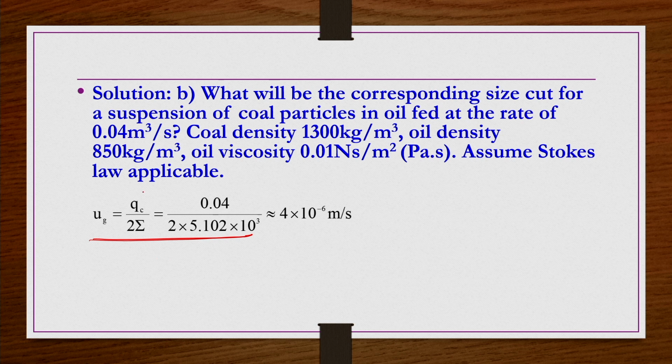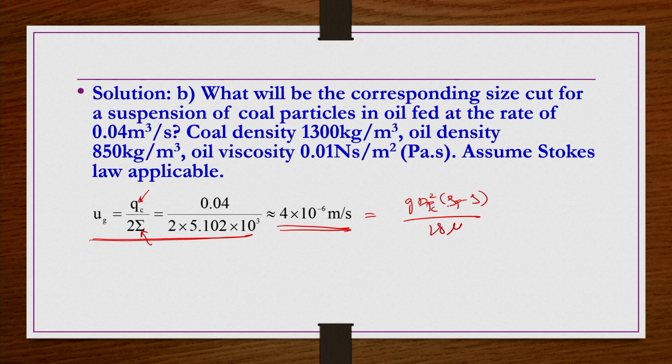The new flow rate 0.04 meter cube per second is given, and sigma we just calculated as 5.102 into 10 power 3. From here, for this case we calculate Ug. The previous case was for different conditions. For these conditions, you can calculate Ug as Qc by 2 sigma, and then equate this to g dp square (rho p minus rho) by 18 mu.